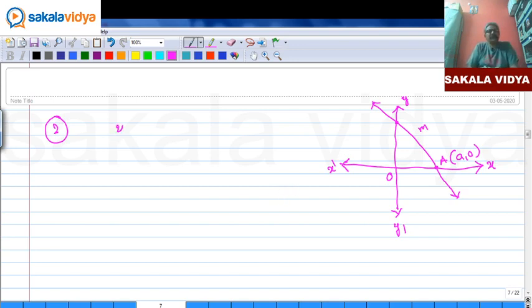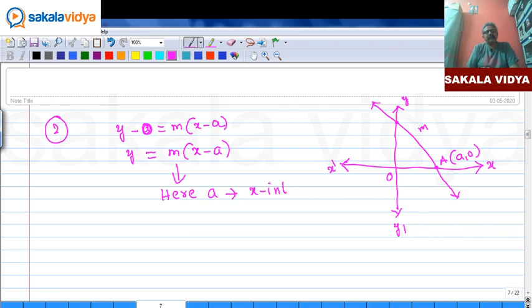So that is y minus y1, y minus 0 is equal to m into x minus a. So y is equal to m of x minus a. Here remember, a is the x intercept.